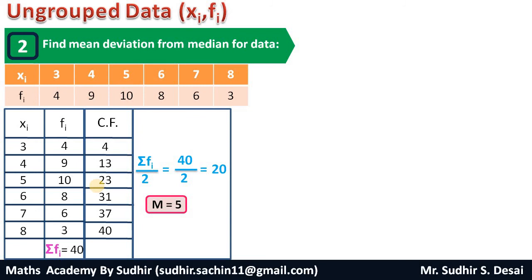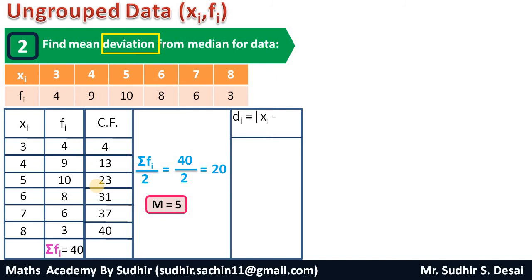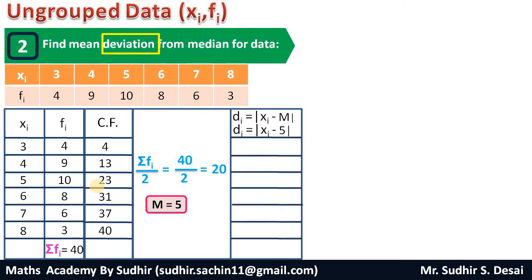Now next column is of deviation, which is denoted by the letter di, and we have to calculate this deviation from median. So we are going to subtract M from each observation xi. So di is equal to modulus of xi minus M. What is the value of M? 5.